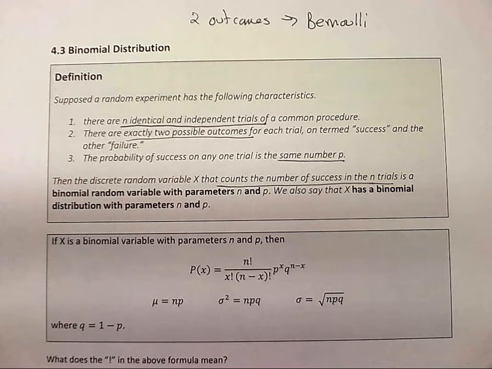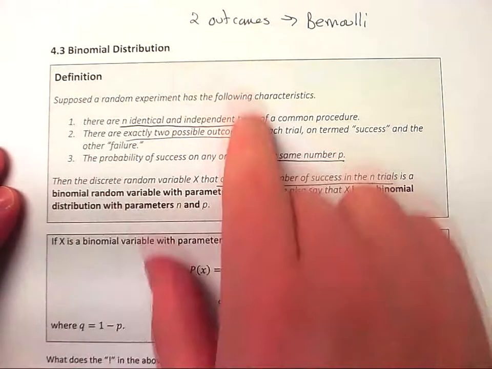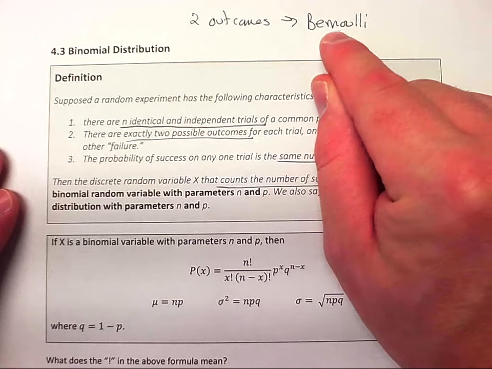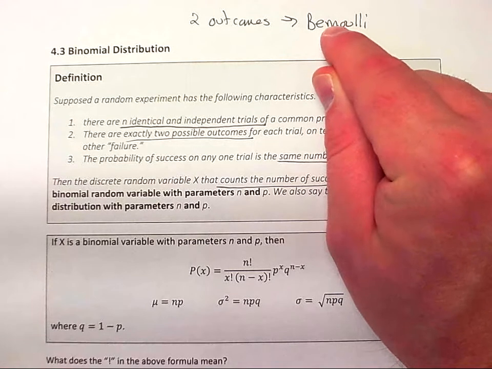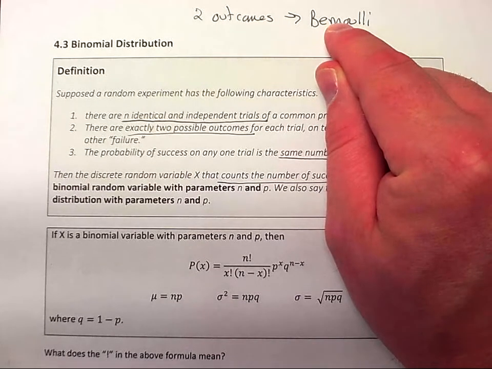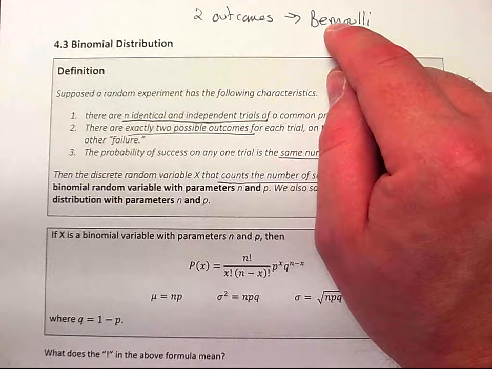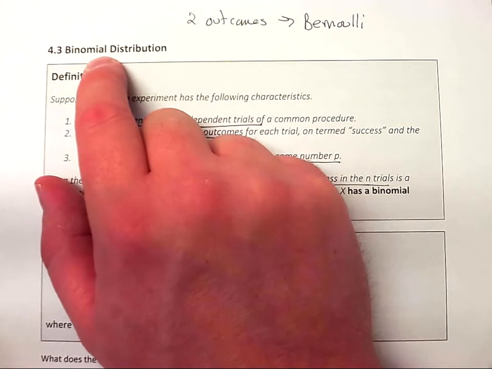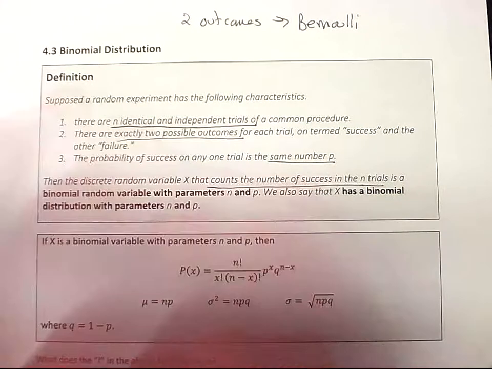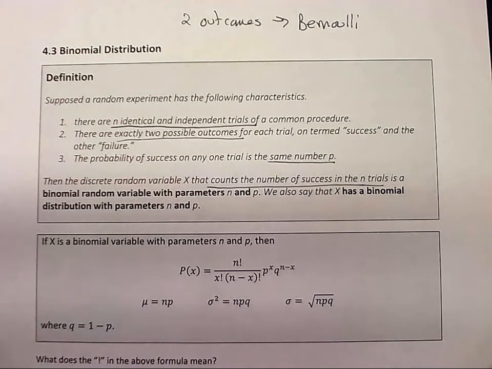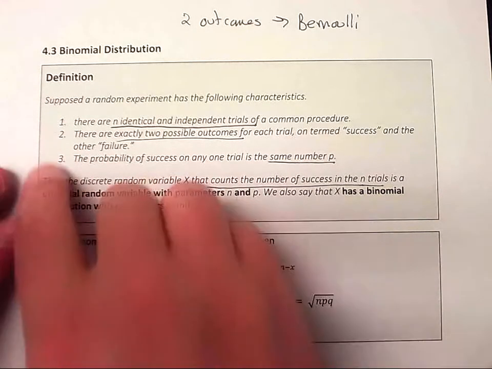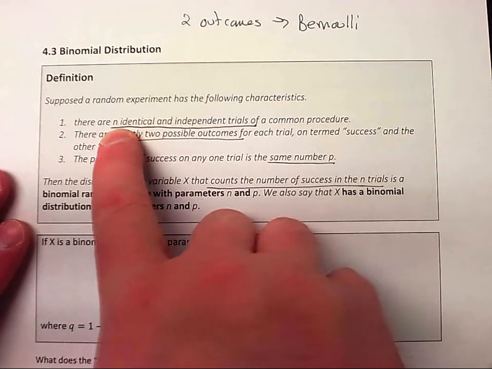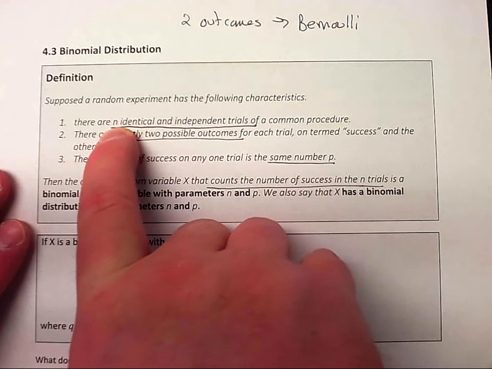So what we're dealing with here in chapter 4.3 is we're not just going to look at individual trials. We're not just going to flip a coin once and see what happens. But we're going to string these things together. So that's why your textbook focuses on the several trials of the experiment. It doesn't just focus on that one thing. That's why this definition is correct, because here we're talking about identical trials.